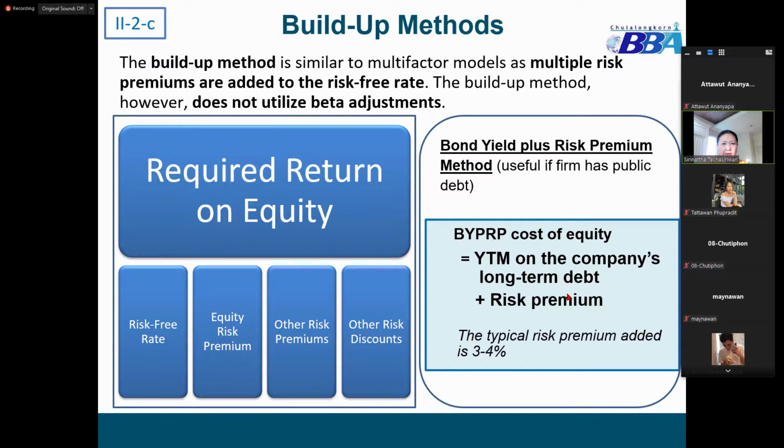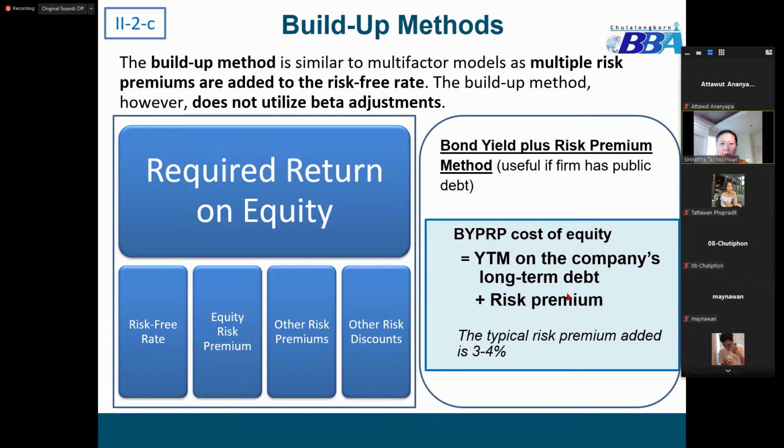The difference between the build-up model and the CAPM or the multi-factor model is that the build-up model doesn't take into account the beta. It just adds up the risk premium to the risk-free rate without multiplying the risk premium by beta.